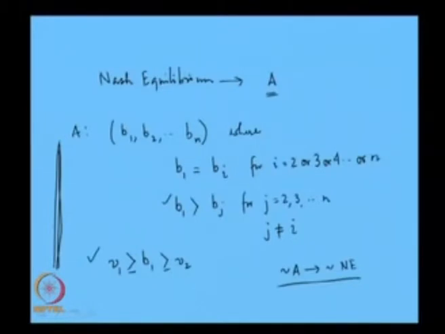This is true because look at the possible deviation of any player. In this case, player 1 is getting the object. Either he is getting a 0 payoff or he is getting a positive payoff. If he is getting a 0 payoff, which means that B1 is equal to V1, then if he bids more, he is going to get the object, but his payoff is going to turn negative.